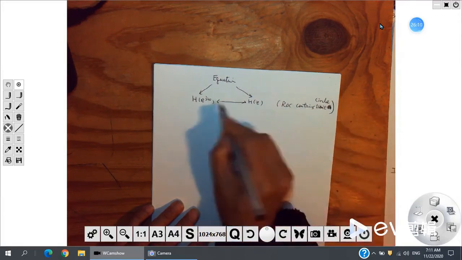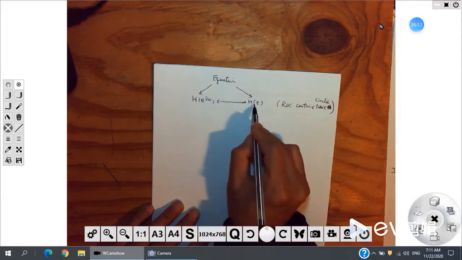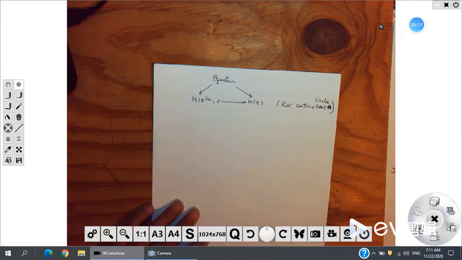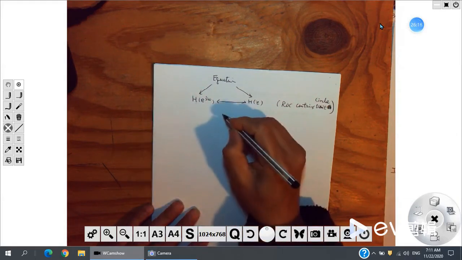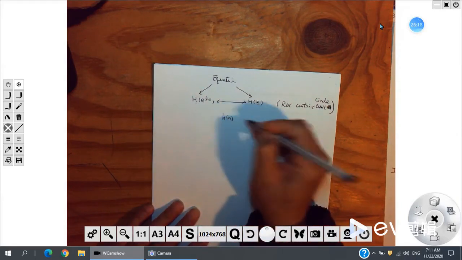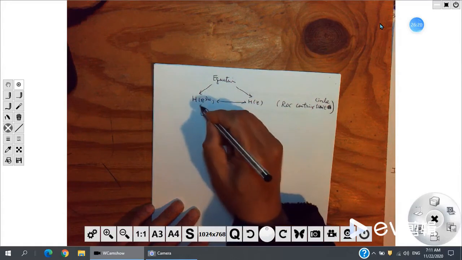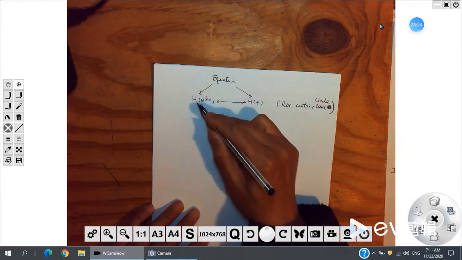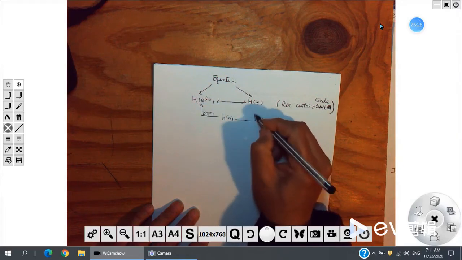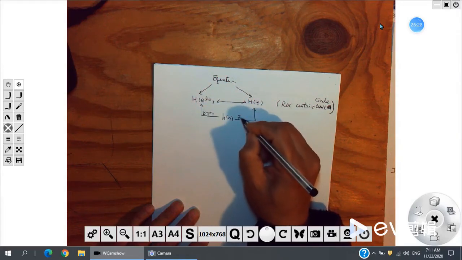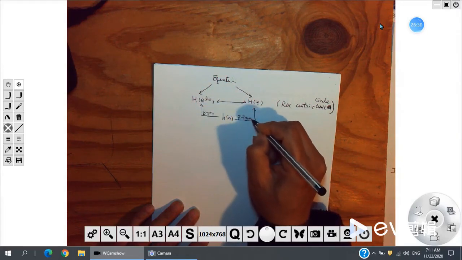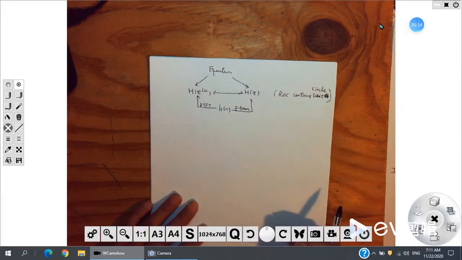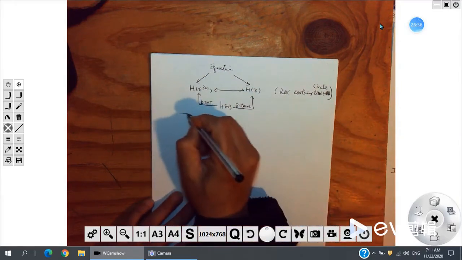Then you can switch from transfer function to the frequency response. And also you have the impulse response. From the impulse response, you do the DTFT and you have the frequency response. Here you do the Z transform and you have the transfer function. Okay, so you need these.